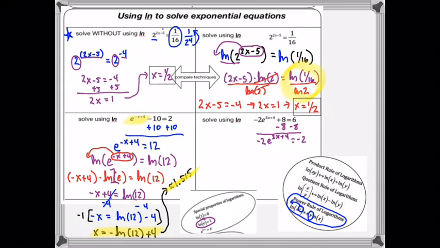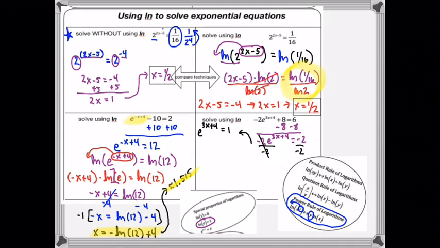Then I'm going to divide each side by negative 2. Those are going to cancel out. I'm going to put my answer over here because I'm a little pressed for room because of those bubbles. So we have e to the 3x plus 4 equals 1.